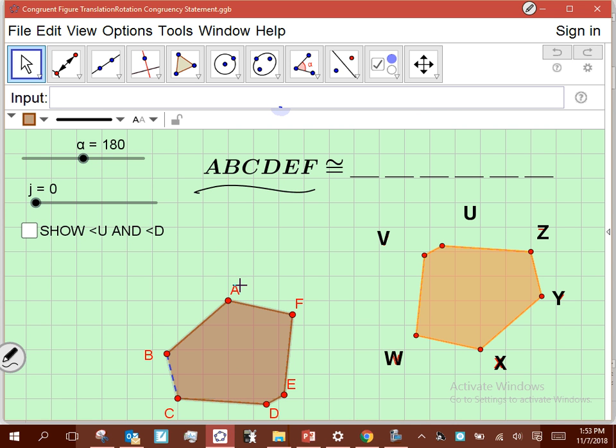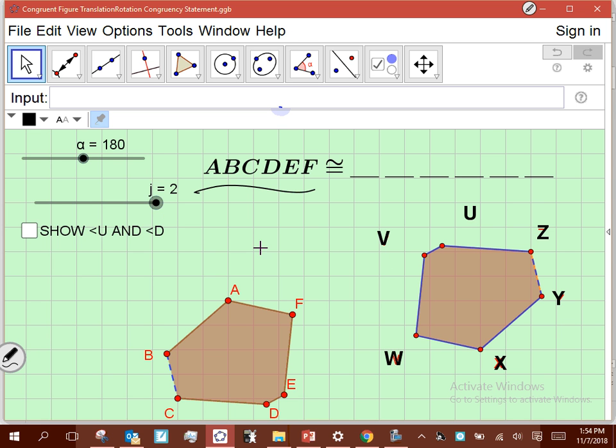So I want you guys to look at X. Pay attention to X, and as I move this slider, watch where A ends up going. Okay, so we're still looking at A. When I get to 1, I think it's going to change colors. Maybe. There we go. So A is still this point right here, correct? Okay. Now I want you to watch where that goes, where it's going to match up. A matched up to what point? X, right?